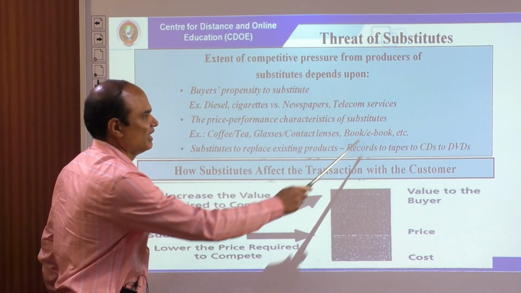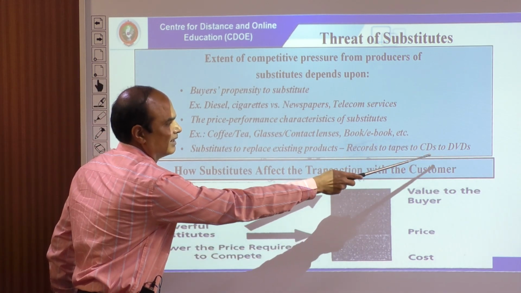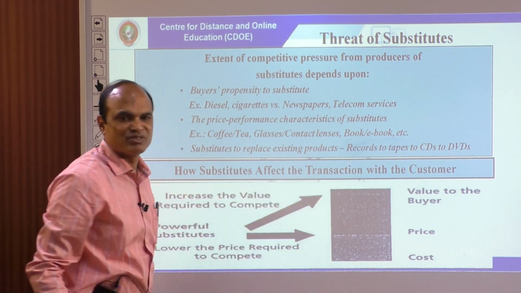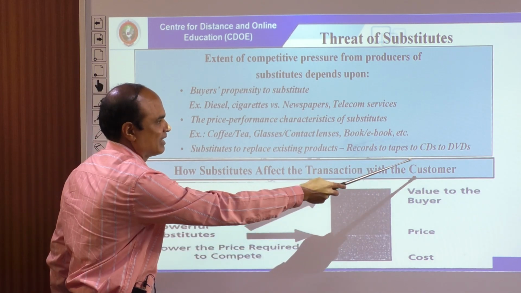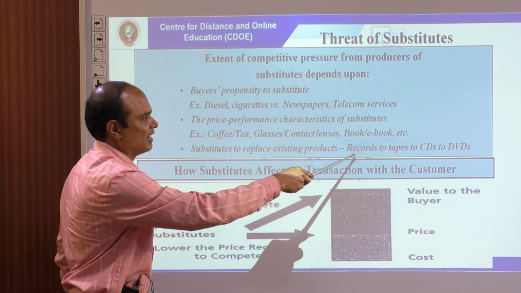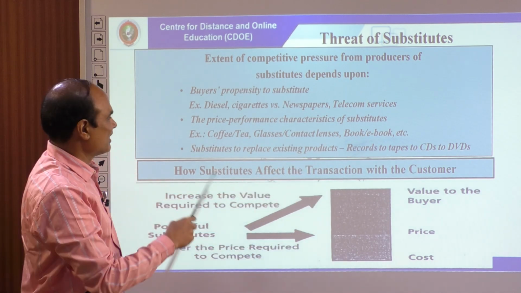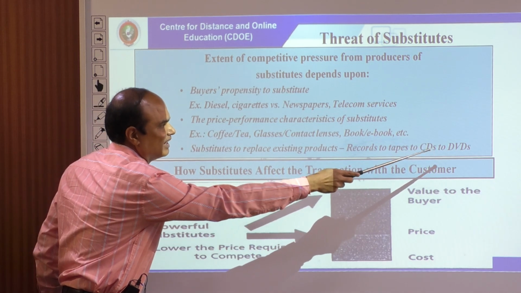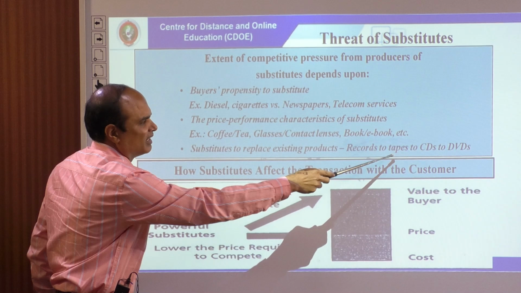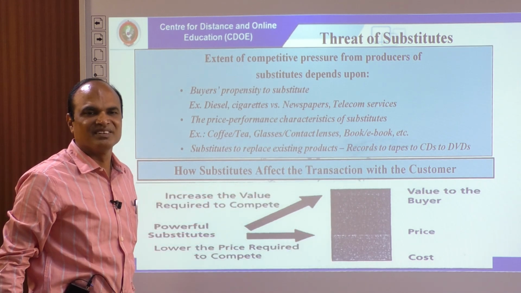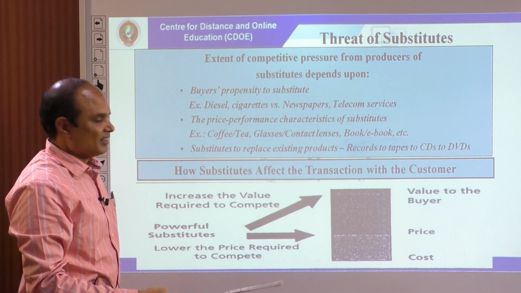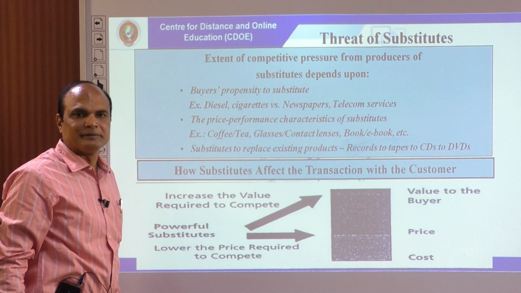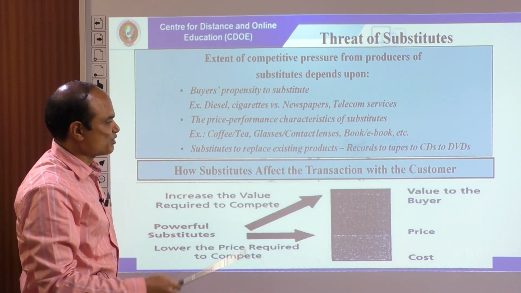Then from compact discs to DVDs, although they looked the same, the performance between CDs and DVDs was phenomenal, at least 10 times better compared to tapes and records. So once we have moved on to DVDs, we will not come back to tapes or records. So these are the various factors that substitutes will offer.